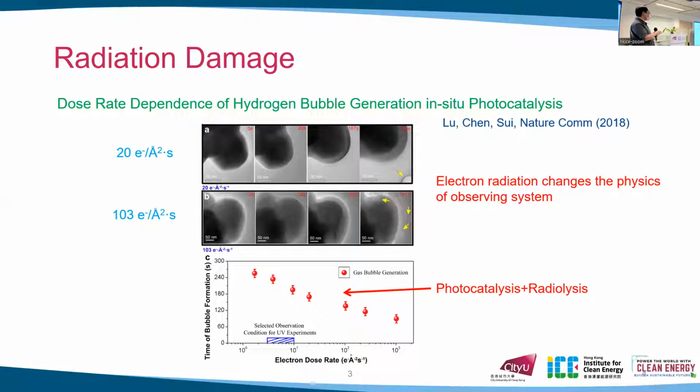This means when we observe the physics in TEM, we include not only the photocatalysis but also the radiolysis. The electron radiation will change the physics of the observed system.